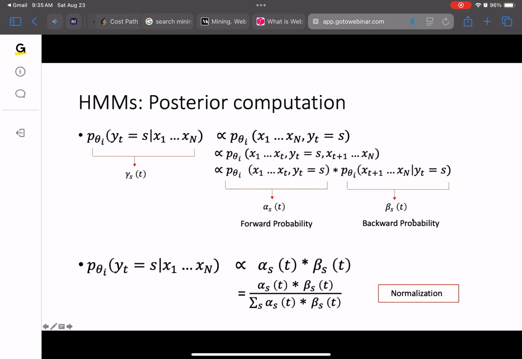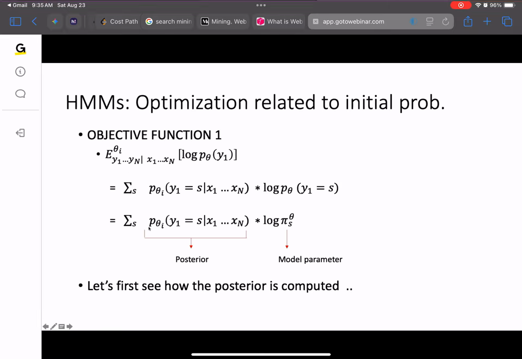So we can make use of the forward and backward probabilities, and express this term in terms of alphas and betas. Remember, this is a proportionality. So in order to convert this into probability values, we have to normalize with a normalizing constant by summing over all possible state sequences. Once we obtain the posterior, we can go back and substitute it in this expression.